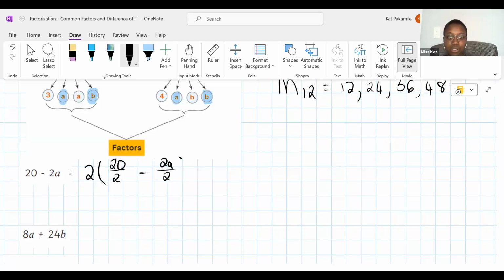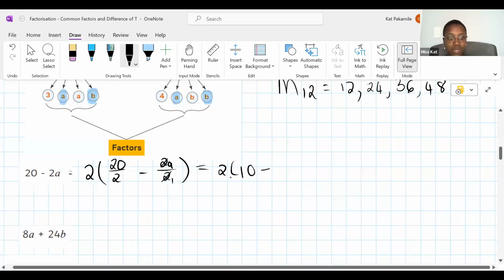So tell me, Senzo, what's 20 divided by 2? It's 10, ma'am. It's 10 minus. Now I have a 2a divided by 2. What happens to these 2's, Senzo? 2 goes into itself how many times? 1 time, ma'am. So what's left?